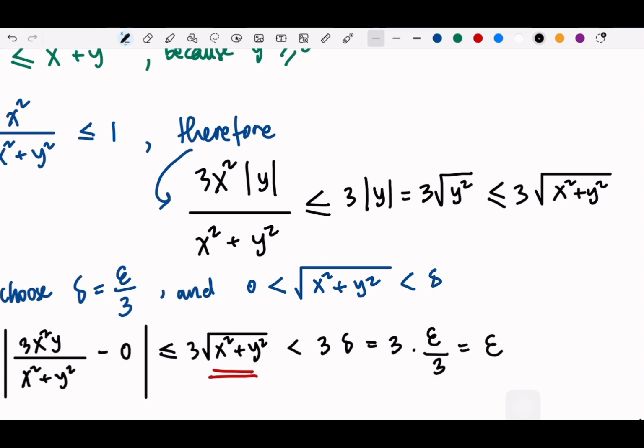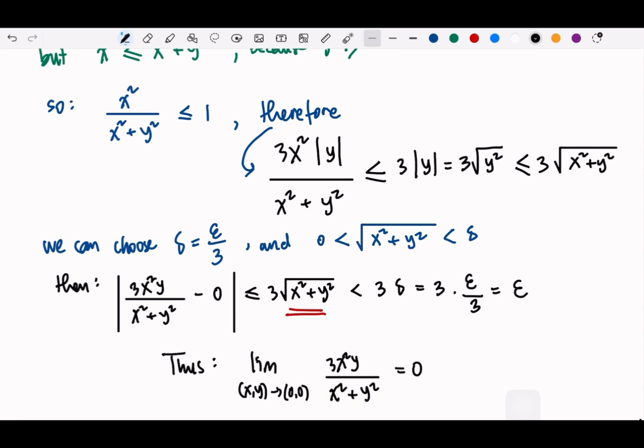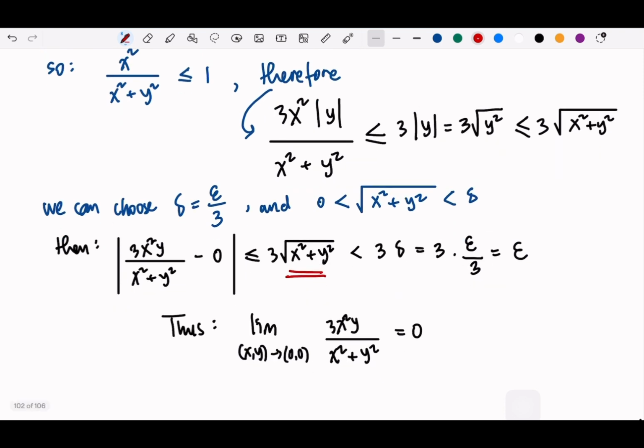Okay, so since this is true, then by the end, thus the limit equals 0.